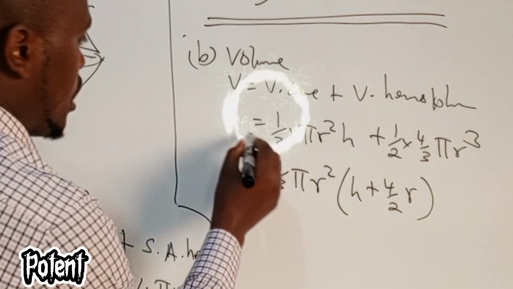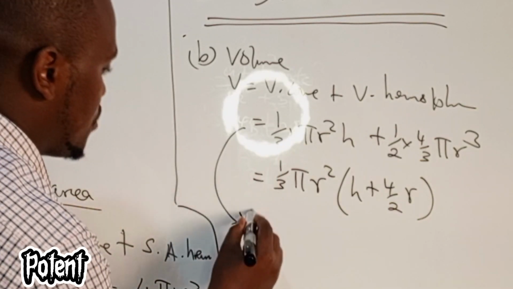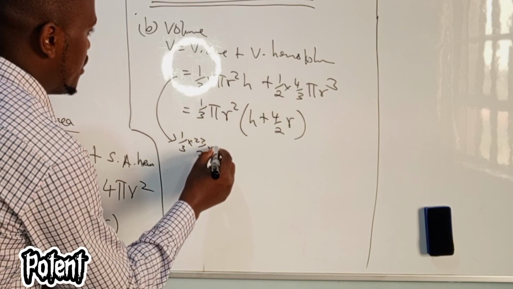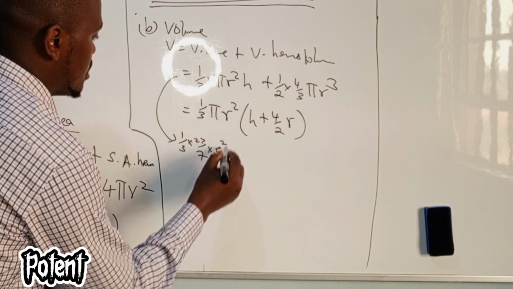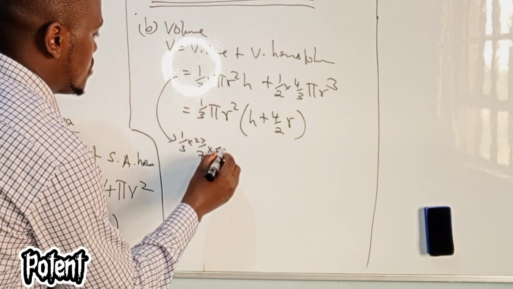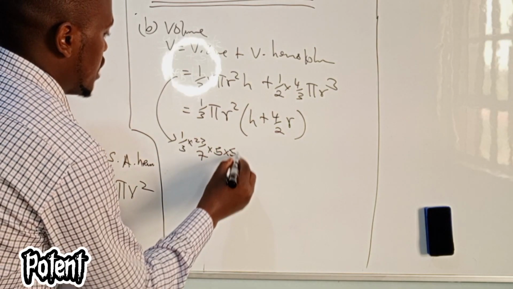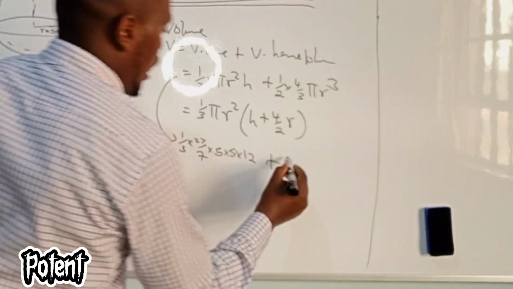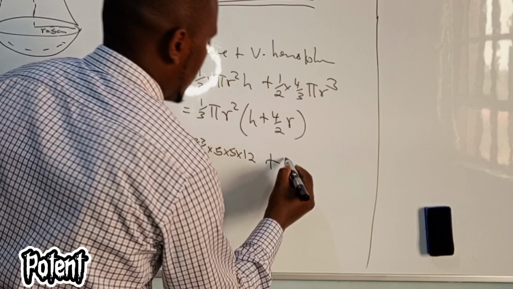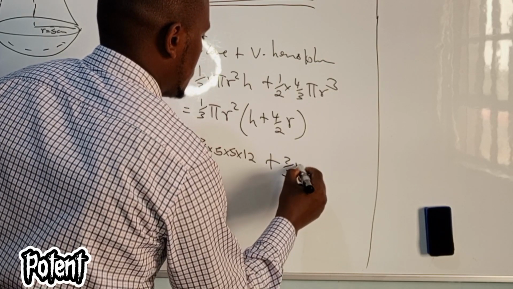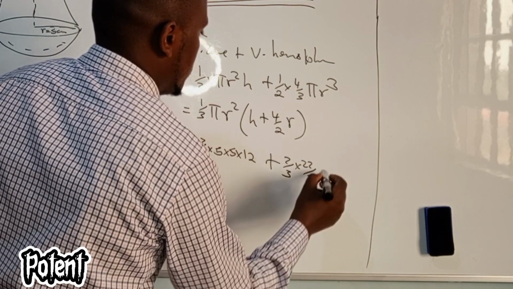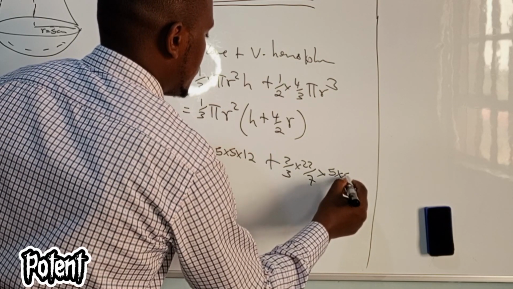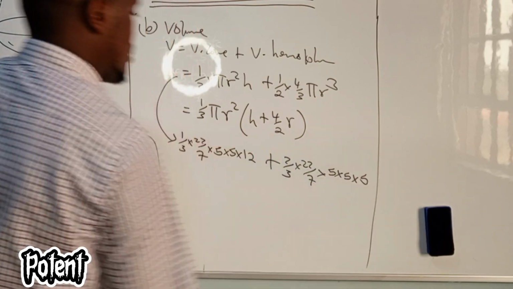You are going to solve this directly and have 1/3 times 22/7 times 5 squared, or 5 times 5, times h, plus a half, or you can solve this, you have 2/3 times 22/7 times 5 times 5 times 5.